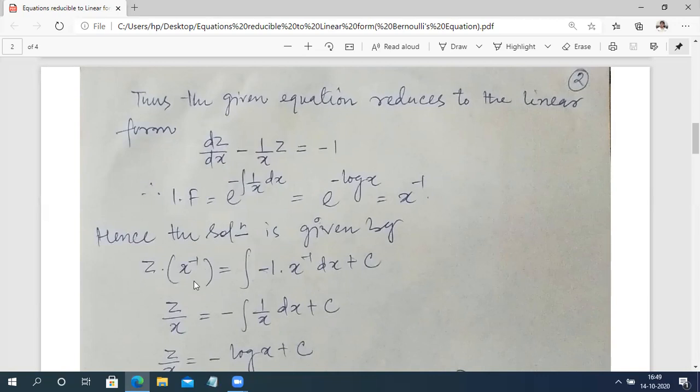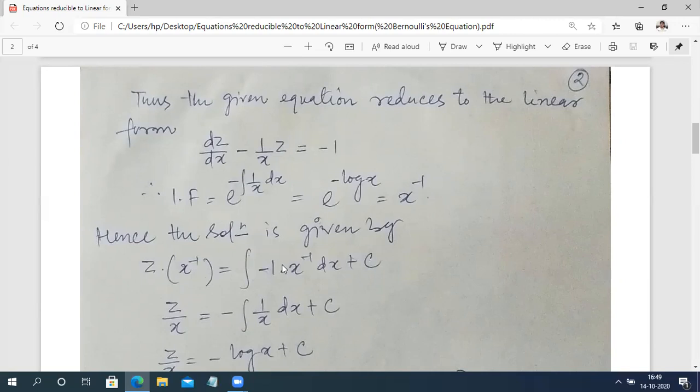So z into the integrating factor is equal to integration of Q into the integrating factor into dx. Q is minus 1, here Q is constant, not a function of x. So Q is minus 1 into the integrating factor, that is 1/x, dx, plus c.